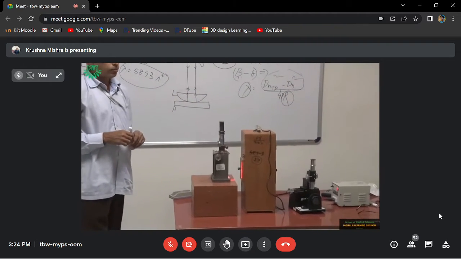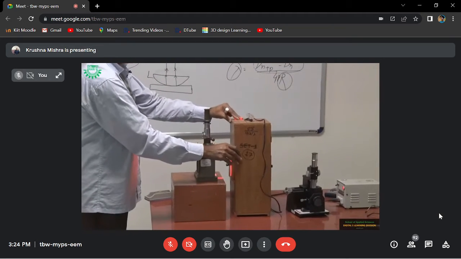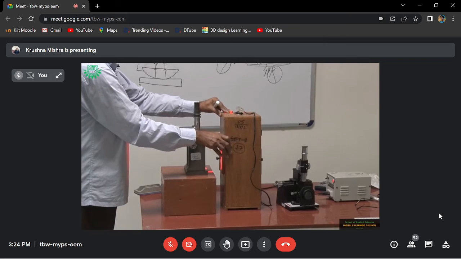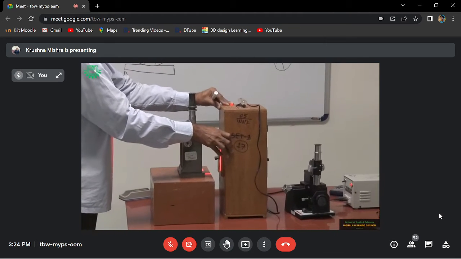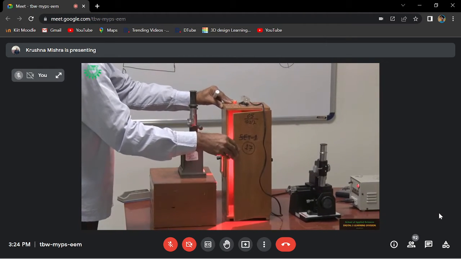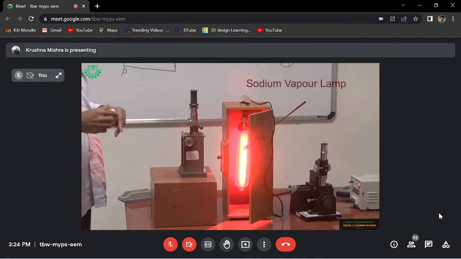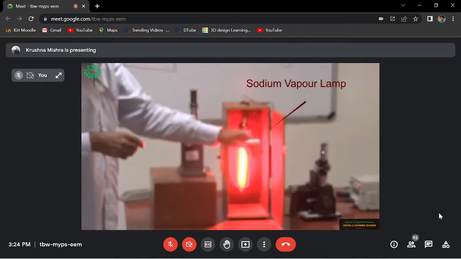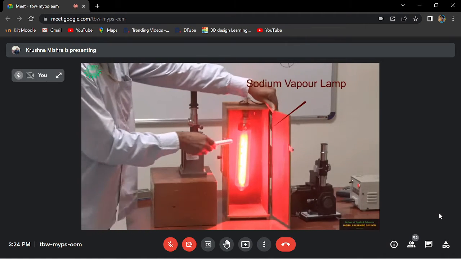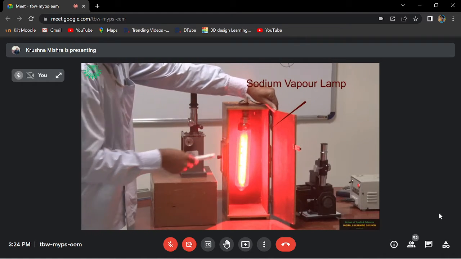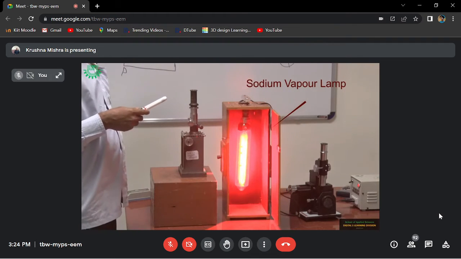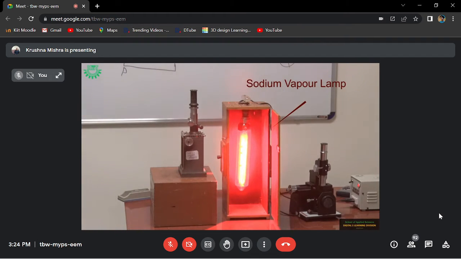This is simply a long glass bulb filled with neon and sodium at a proper vapor pressure. This sodium vapor lamp gives a monochromatic source of light.